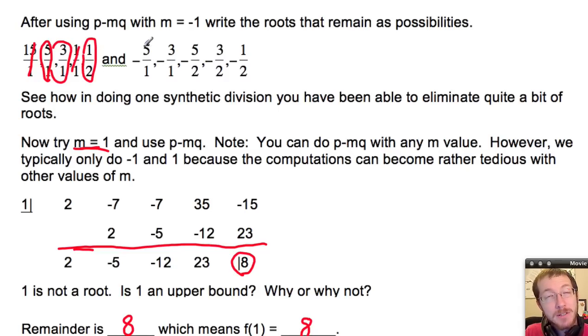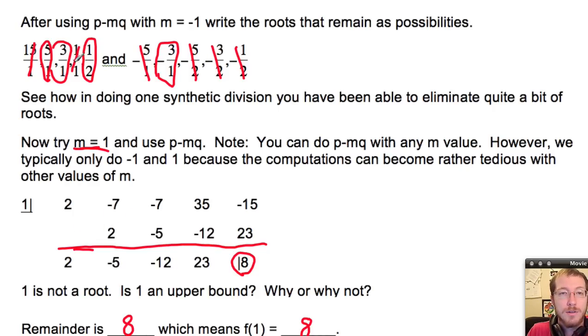Now we get into our negatives. You got to be careful with our negatives. Negative 5 minus 1 is negative 6. That's not a factor of 8. Negative 3 minus 1 is negative 4, so we can keep that one. Negative 5 minus 2 is negative 7. Negative 3 minus 2 is negative 5. Negative 1 minus 2 is negative 3. Okay, so by doing this p minus mq method again, look at how many we crossed out with only doing synthetic division once.